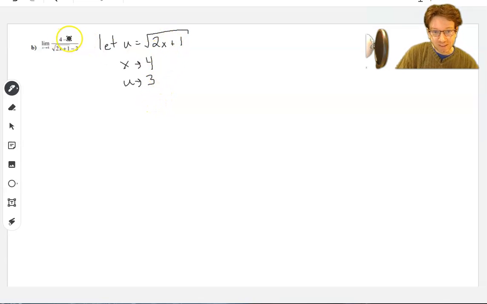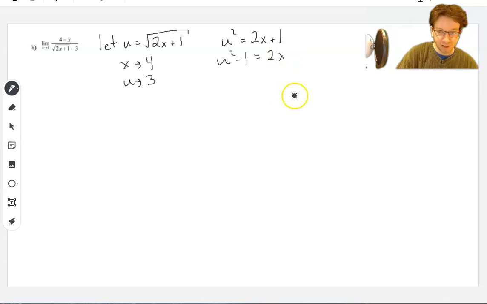All right, but we also need to know what x is. So let's rearrange this equation. We'll square both sides. So we get u squared equals 2x plus 1. Rearranging for x, we'll get u squared minus 1 equals 2x, or u squared minus 1 all over 2 equals x.